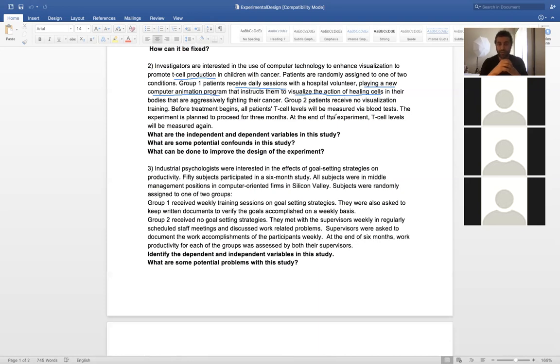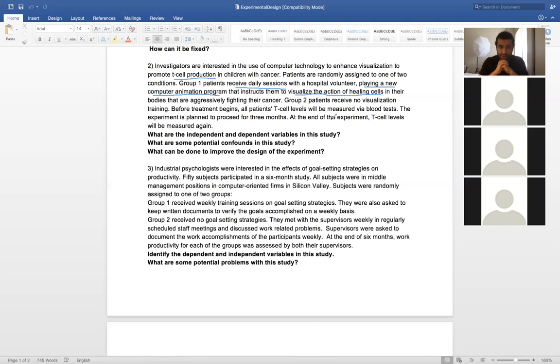So once again, the T cell production, something that we are trying to measure, is going to be our dependent variable. And the thing that we are trying to change, the visualization, is going to be our independent variable, which in one experiment group they visualize, and in the other group they don't have that kind of training, right?